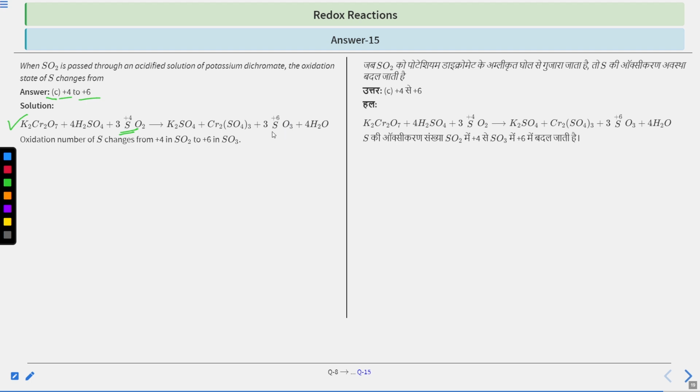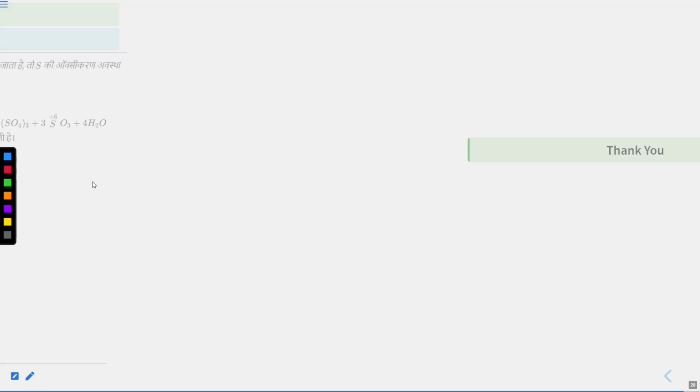And in SO3, the sulfur is in +6 oxidation state. So you can clearly see that the oxidation number of sulfur changes from +4 to +6, from SO2 to SO3. Right? In SO2 it is +4, and in SO3 it is +6. And thus option C is the correct answer. Okay? Thank you.